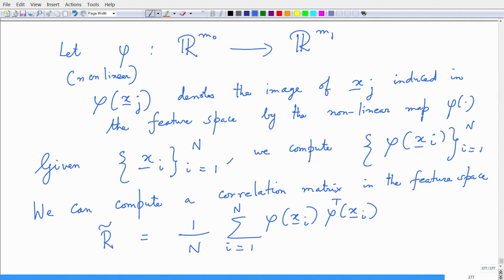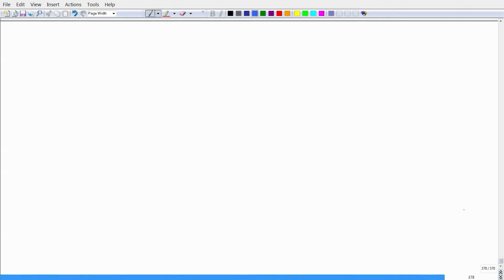Now, we assume that the bias is 0 in the feature space. If not, we can compute the bias and remove this bias from the data points.